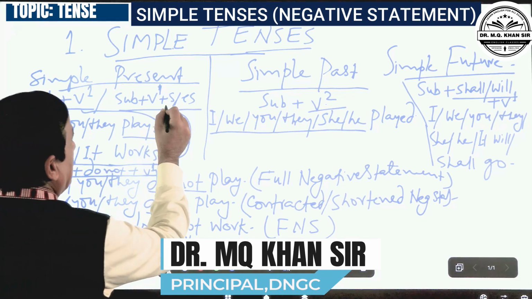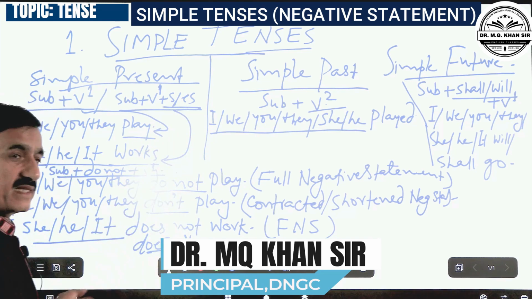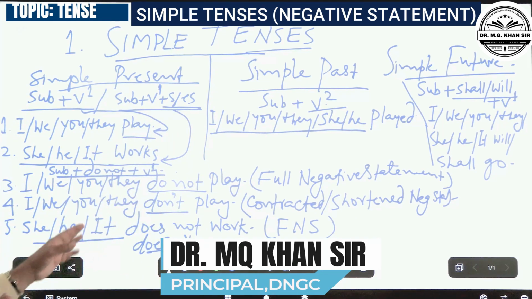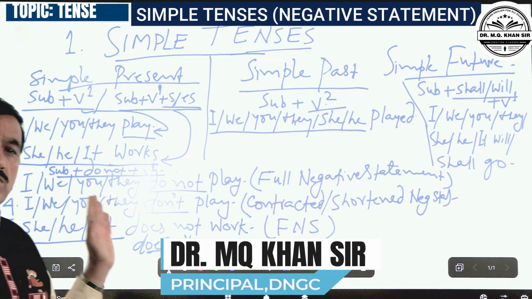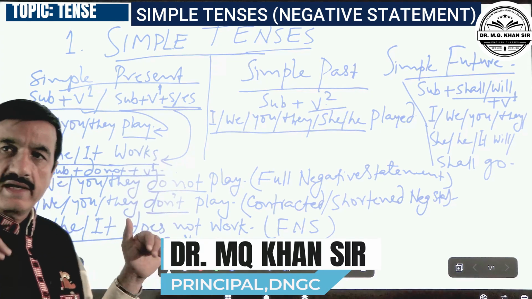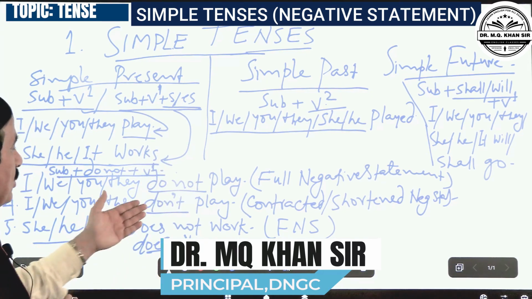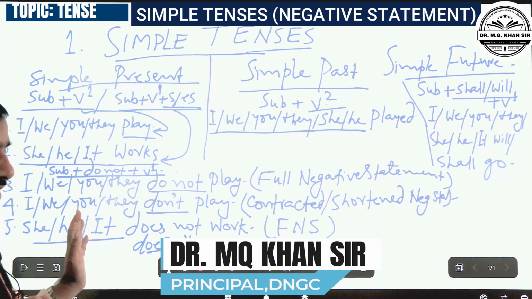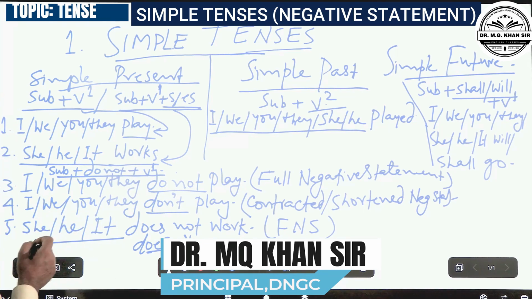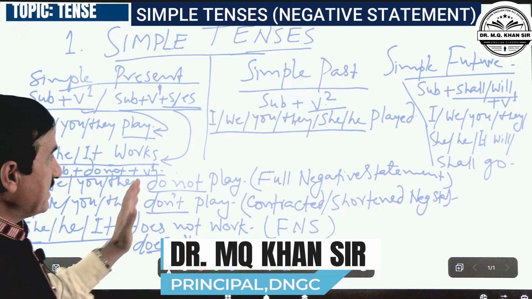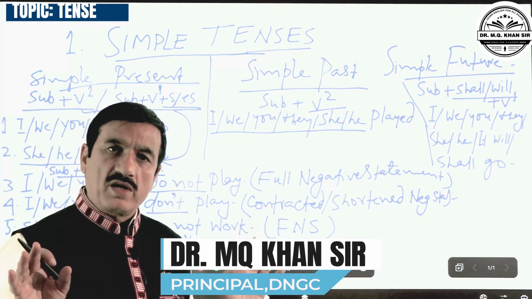And with all other subjects like first person singular plural, second person singular plural, or third person plural, do not will be used. Does not will come only when subject is he, she, it. So this, I think it's clear to all of you.